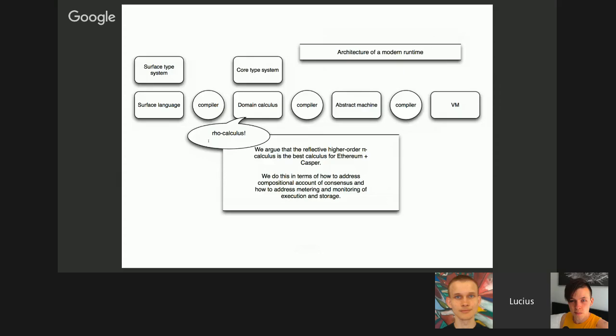And then the question is, how do you organize that coordination? So that's one piece of the puzzle. The other piece of the puzzle is metering and monitoring of execution and storage. What I'll argue is that both of these make essential use of a reflective higher order version of the Pi calculus, which I dubbed, in the 2004, 2005 timeframe, the Rho calculus.